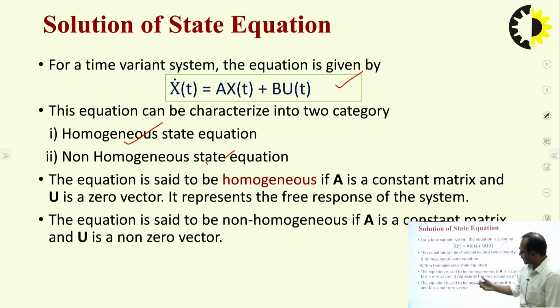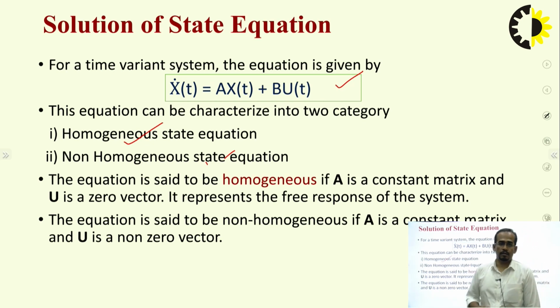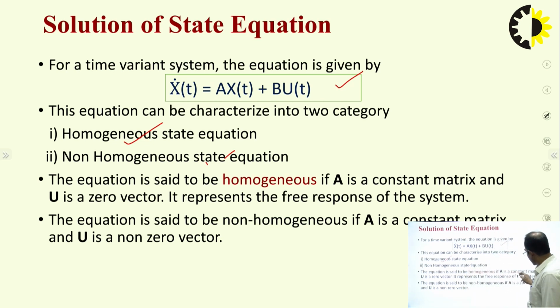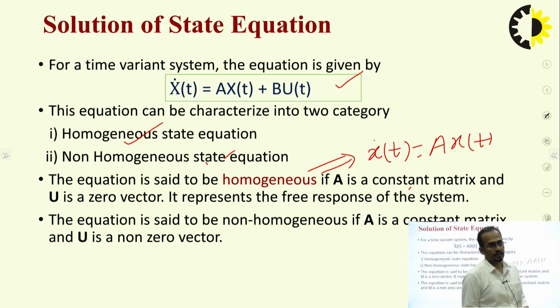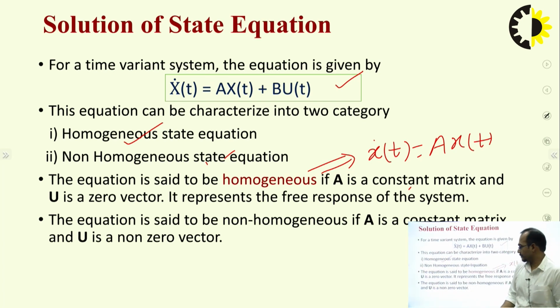This equation is said to be homogeneous if A is a constant matrix and U is 0, or you can say this will be homogeneous only if x dot t is equal to Ax(t), means input is considered as 0, or you can say this is the free response of the system.